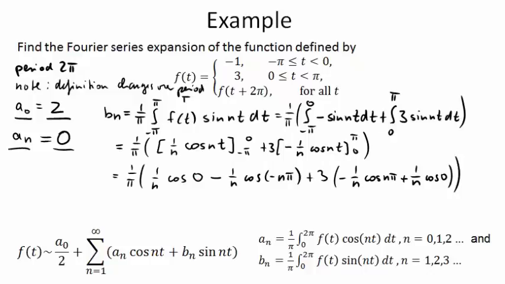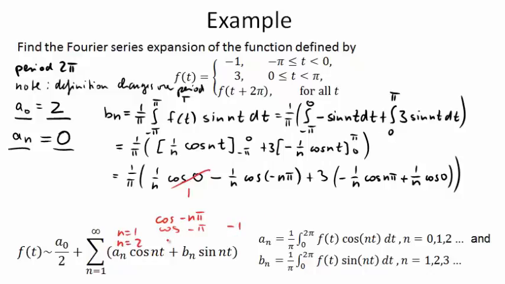Okay, so what have we got here? Cos 0 is 1. As it turns out, cos minus n pi, well, let's have a look what it is. If n is equal to 1, we get cos minus pi, and that happens to be negative 1.